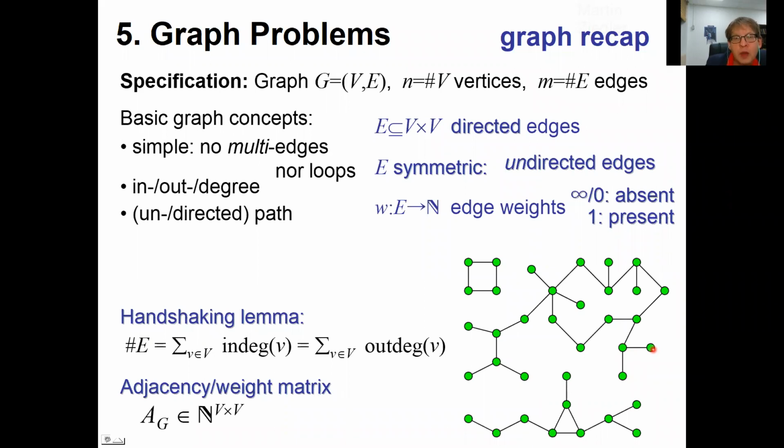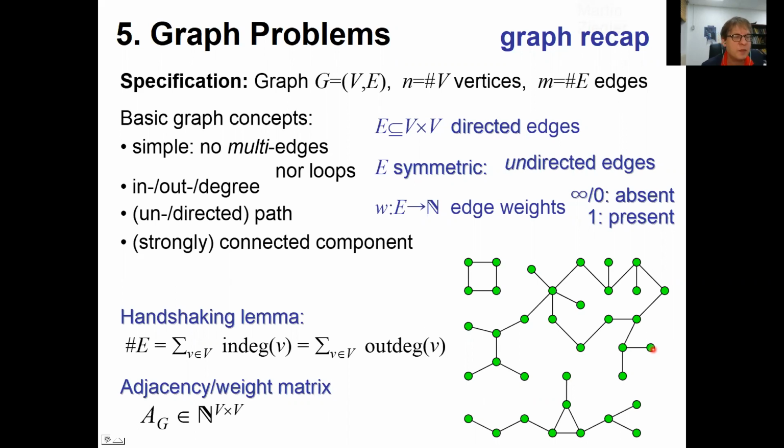And let's talk about connectedness. Two vertices are connected if there's a path from one vertex to the other. That may be a directed path in case we have a directed graph, or an undirected path in case we're talking about an undirected graph. And the component is the largest connected subset of vertices.